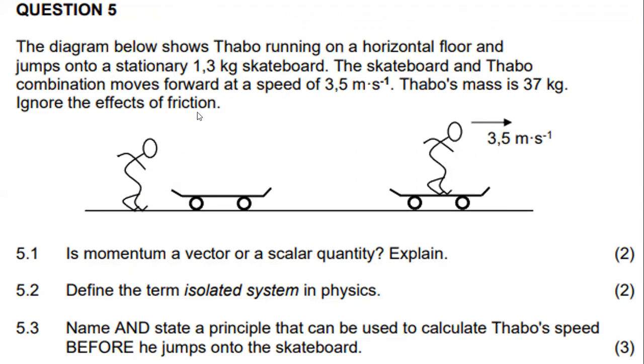So you'll get a smaller momentum, and here it's 37 multiplied by 3,62, a larger momentum. And therefore, the final momentum is less than the initial momentum. And why is that the case? Because the velocity after is less than the velocity before the collision.